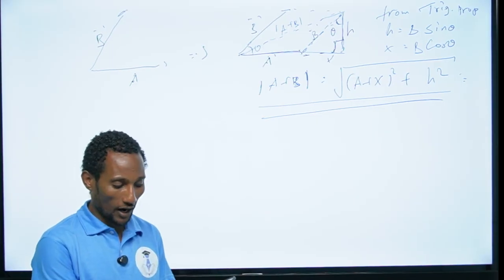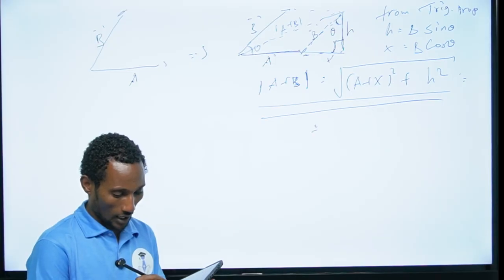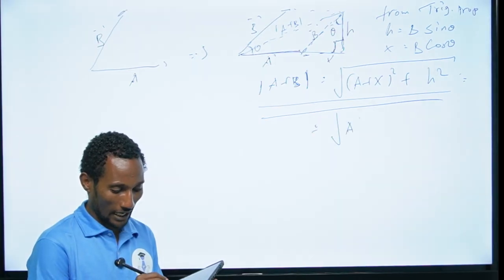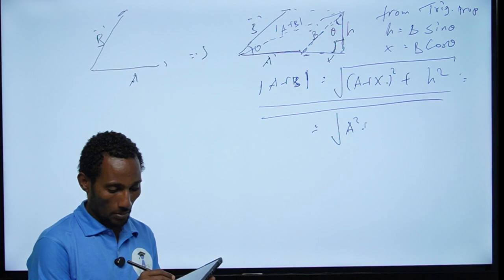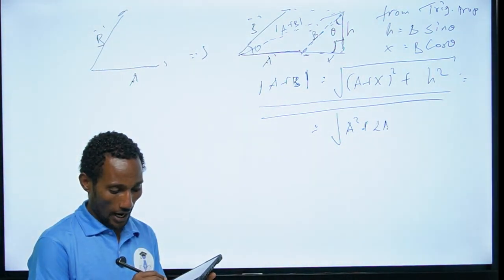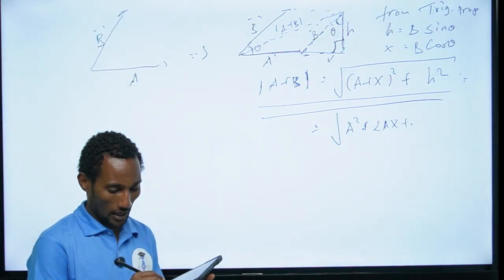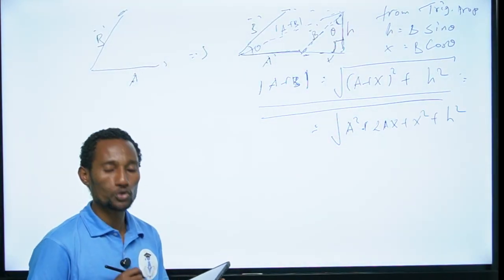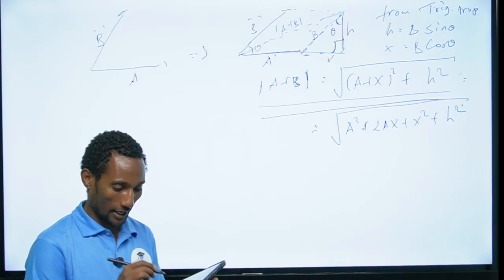By substituting these values here, we have the square root of a square plus, by distributing this, a square plus 2ax plus x square plus h square, under the root.